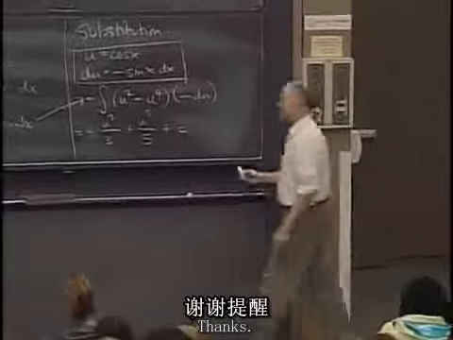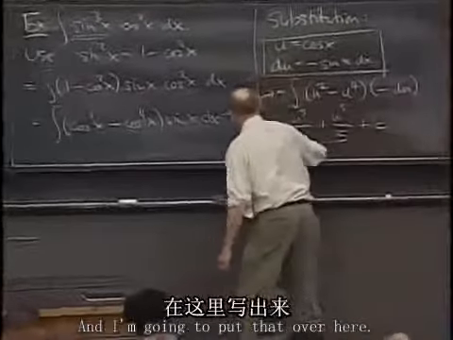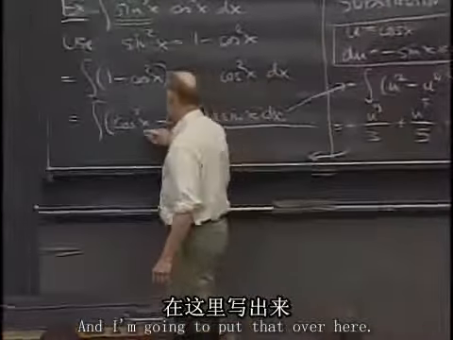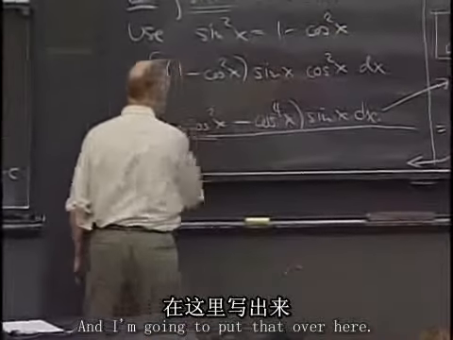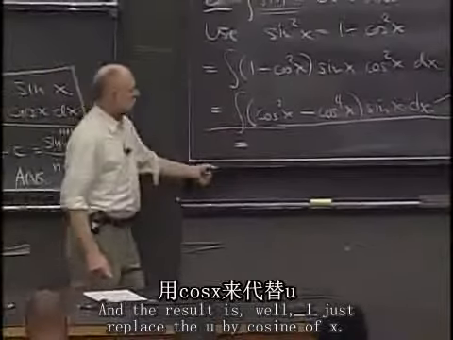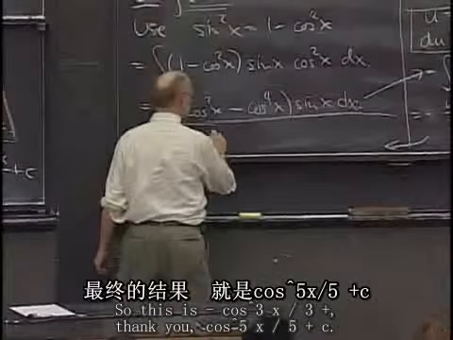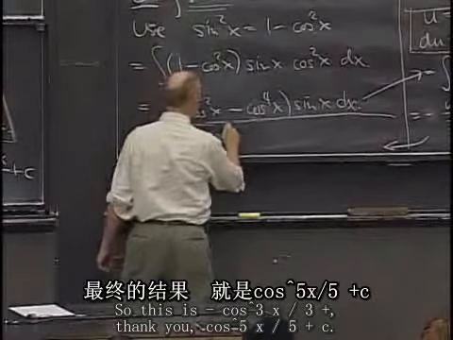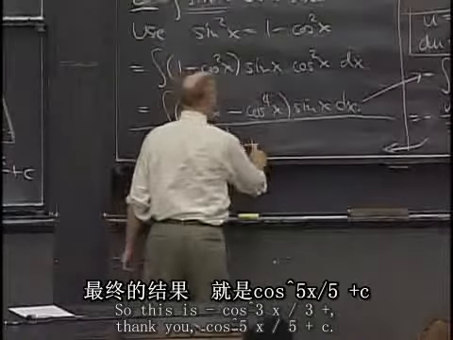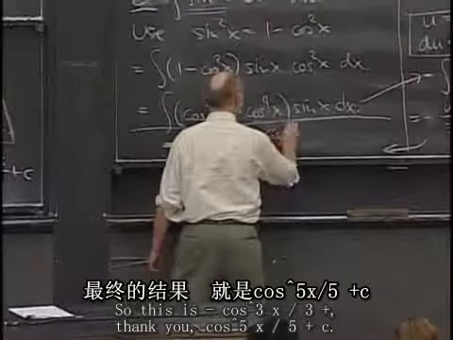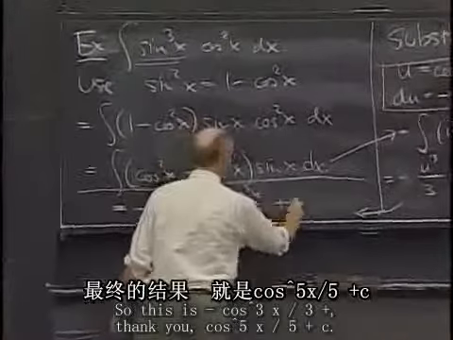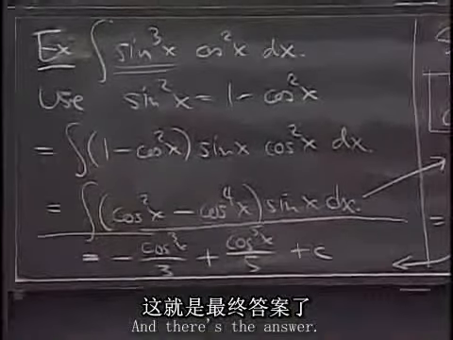Thanks. So let's back substitute, and I'm going to put that over here. And the result is, well, I just replaced the u by cosine of x. So this is minus cosine cubed of x over 3 plus, thank you, cosine to the fifth of x over 5 plus a constant. And there's the answer.